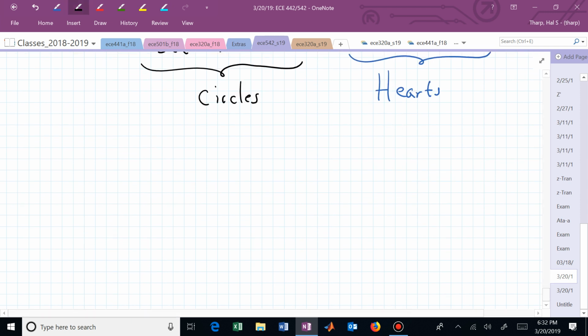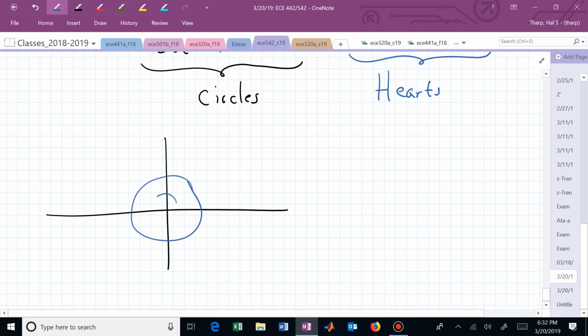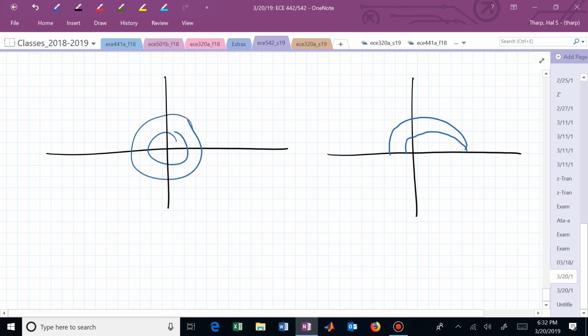So what we have is something like this. We have settling time giving us this, and percent overshoot giving us this. And we want to know, where do those intersect? We have circles and hearts, and we want to know, can we find the intersection of those lines?